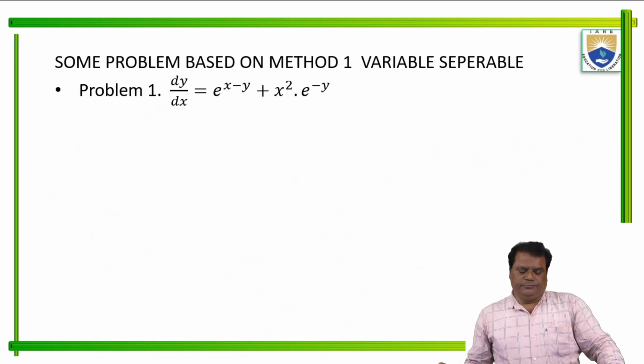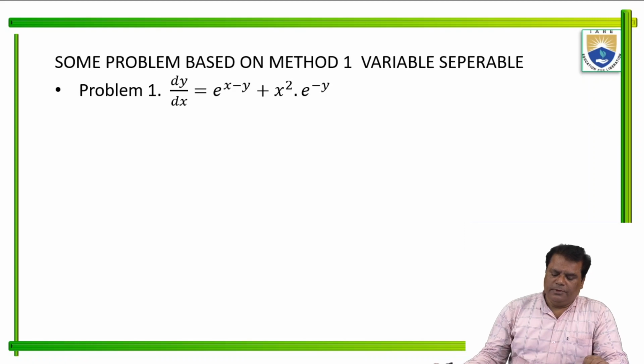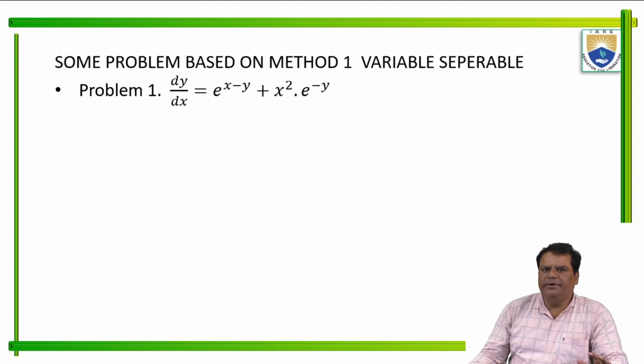Now the next problem, again based on variable separable. Problem 2 is dy/dx equal to e to the power x minus y plus x square into e to the power minus y. Here we make the variables separate, then we integrate. If variables are separate, then the function is integrable.